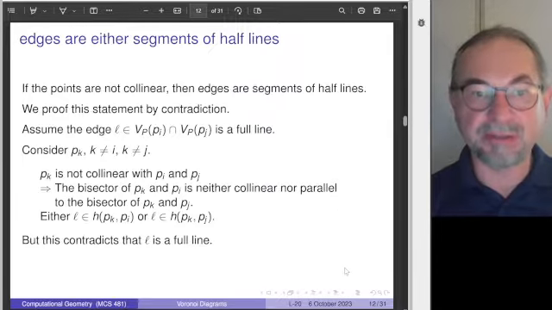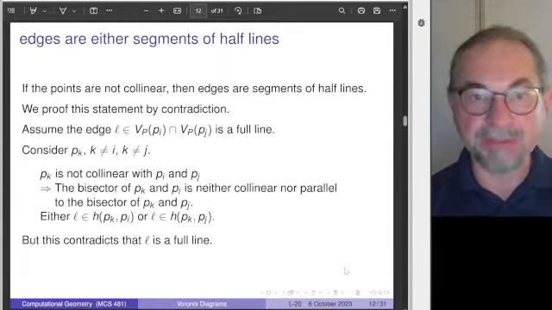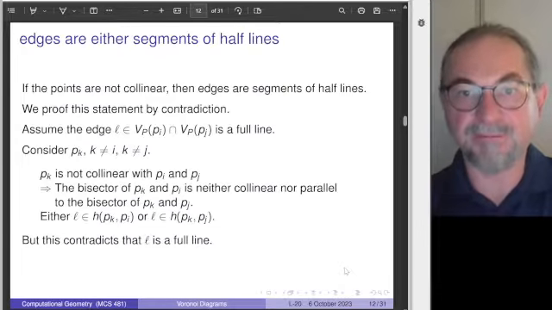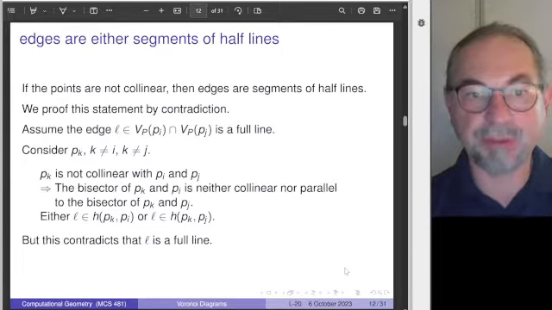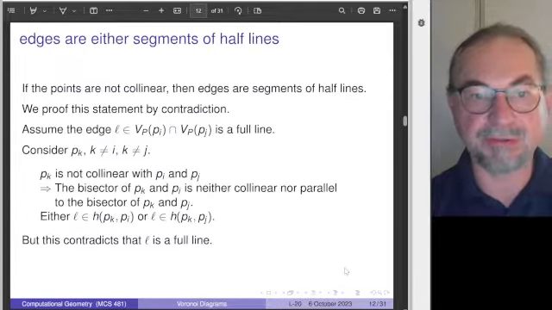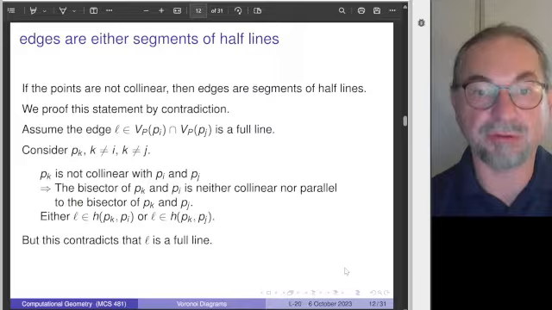Then consider a third point. By the assumption, the points are not collinear, but we're proving it the other way around. Then actually we can only have the full lines when PK is collinear.